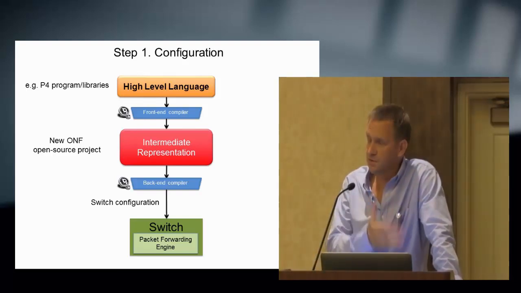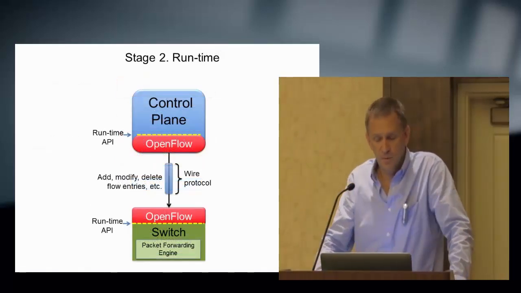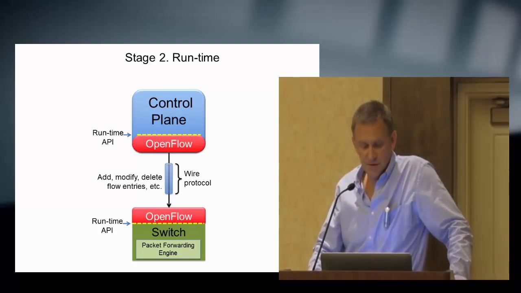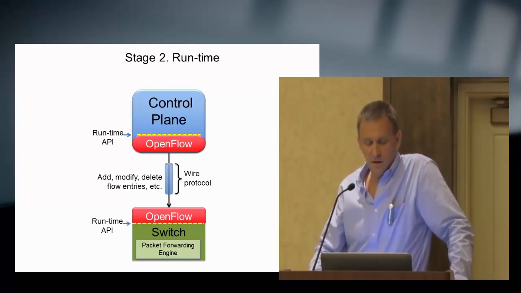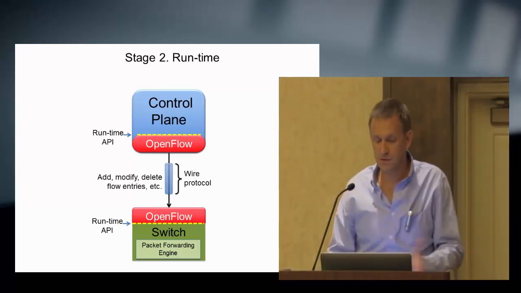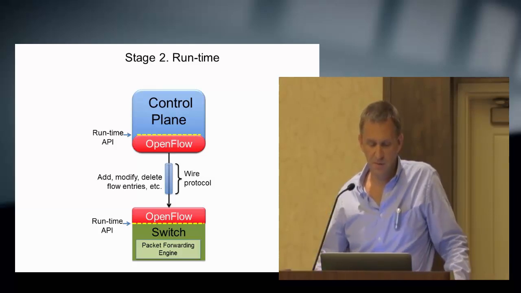So you configure the switch to conform to one of the OpenFlow specs, and then use the OpenFlow wire protocol to communicate with the switch. So we think of this as going hand in hand. These are the two steps and the two stages that we need to think about.